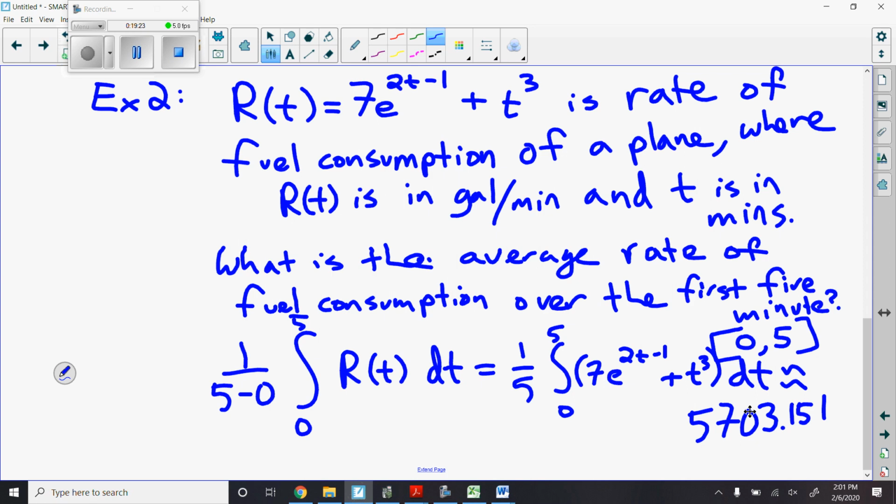But because of that fraction out front, you're once again dividing by minutes. So it ends up back in the exact same units that it was before. This integral gives me a unit of gallons, but I'm doing 1 divided by minutes out here. Gallons over minutes is gallons per minute.